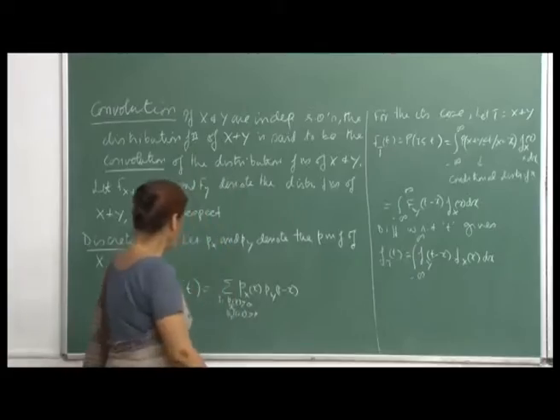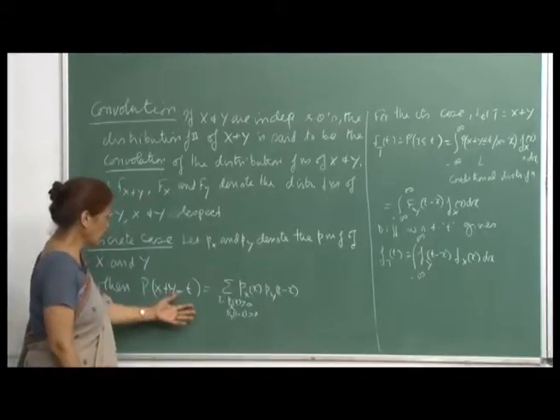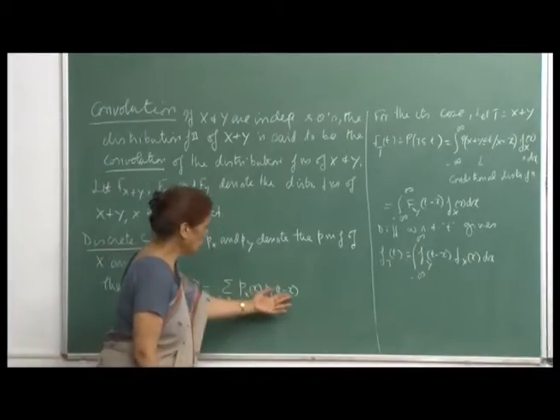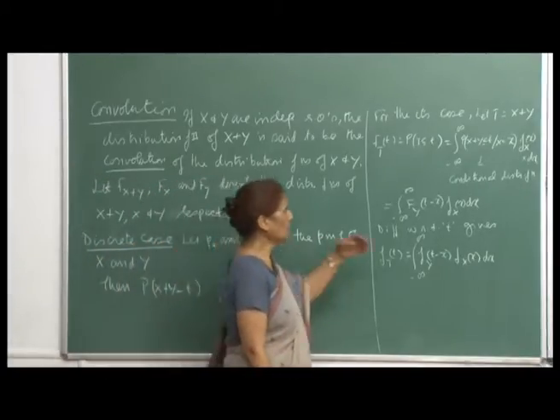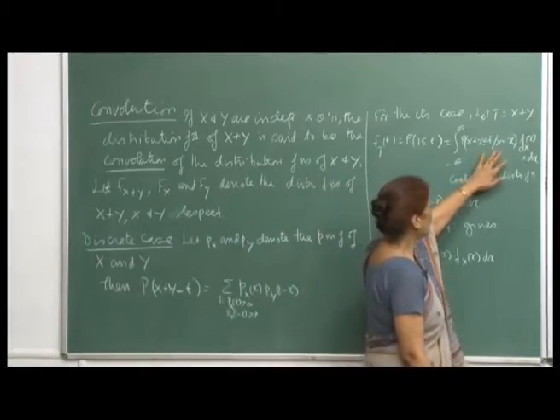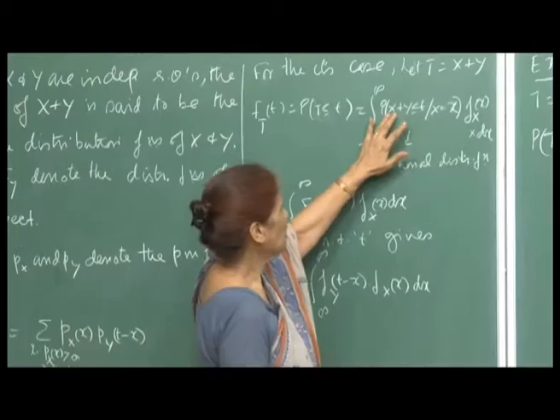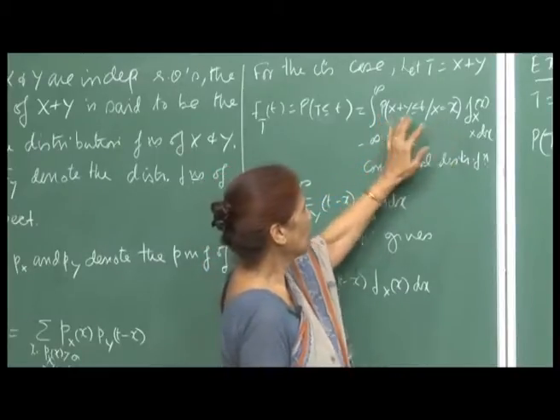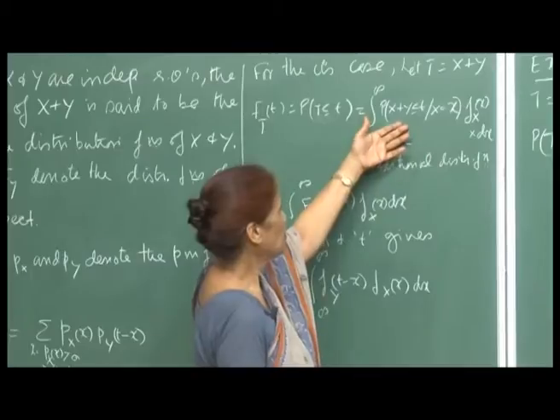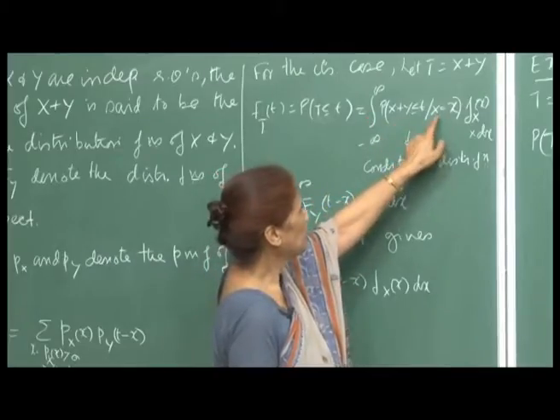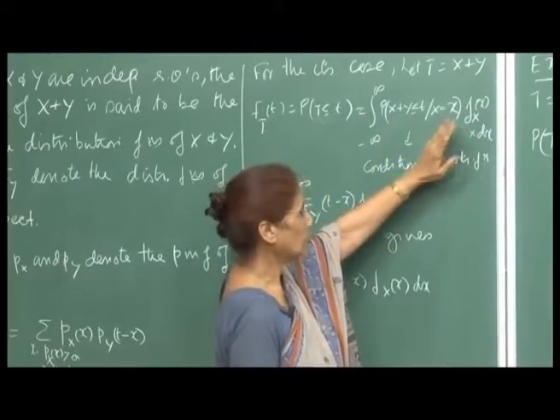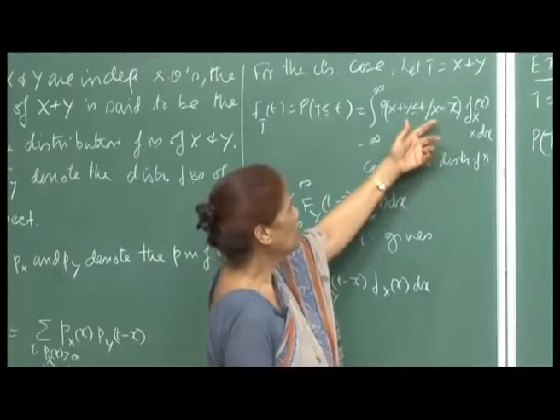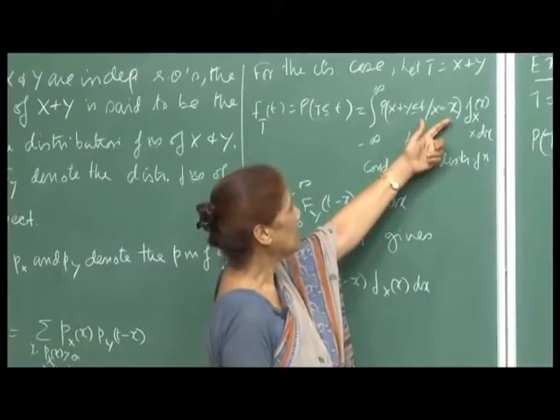Just as here we chose the value of X and then the corresponding value of Y got fixed at t minus x, here you condition on X equal to x, and then the probability X plus Y less than or equal to t, multiplied by the probability that X takes the value, that is, the PDF of X at small x.